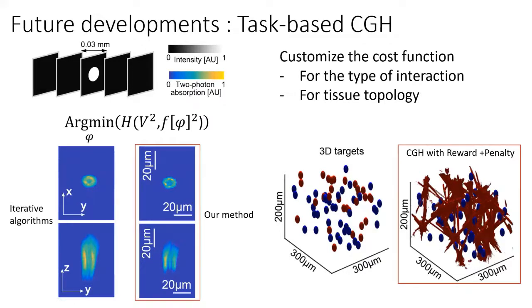So when a photon is sent towards a target in red, the algorithm makes sure that along this line of path for your photon, the light does not end up in any of the off targets where it would increase the penalty. So this is basically what we call task-based holography, where by including features that pertain to the type of light matter interaction that we're shooting for, or the type of tissue that we're shooting into, you can come up with yet another level of improvements in the hologram quality and in the desired outcome.